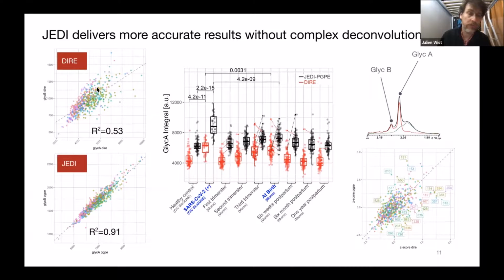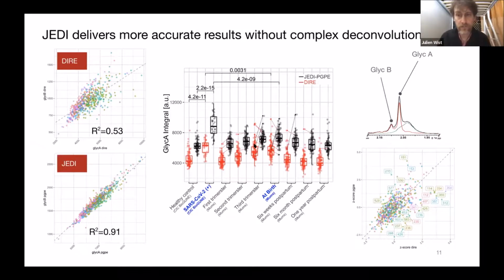On the left are all the samples measured for the mums cohort, and we see the correlation between GlycA and GlycB, which is pretty poor. If we perform exactly the same, but now switching DIA with this new GDI experiment, we get much higher correlations, meaning that we convincingly remove the contribution from those lipoproteins.